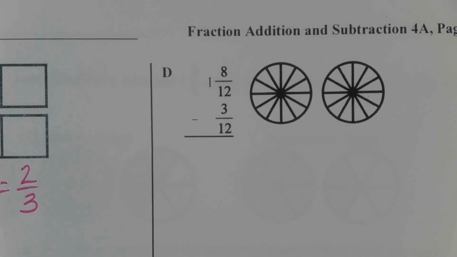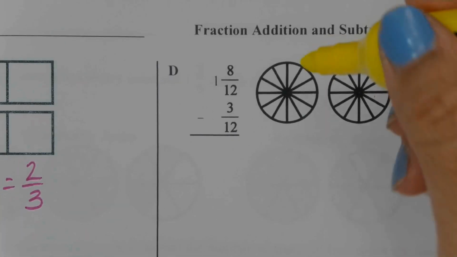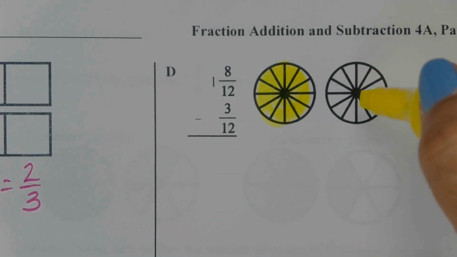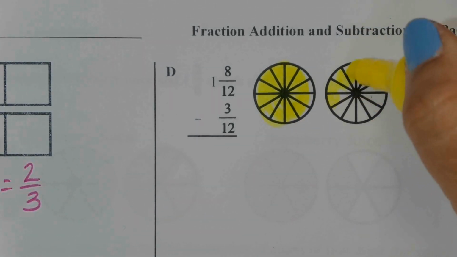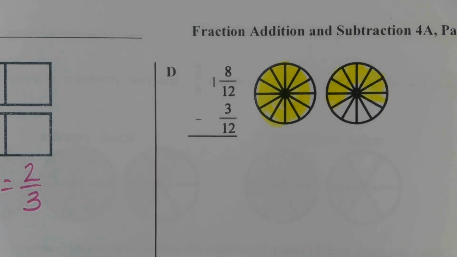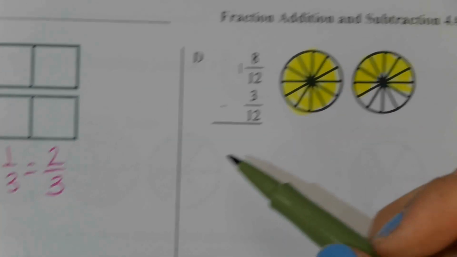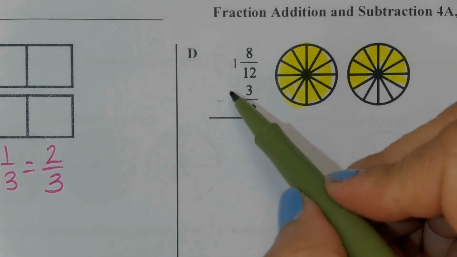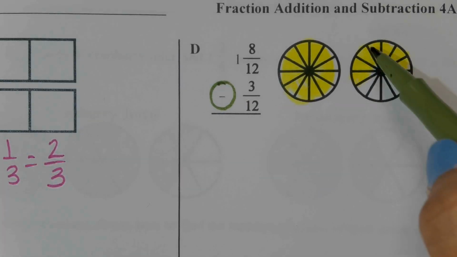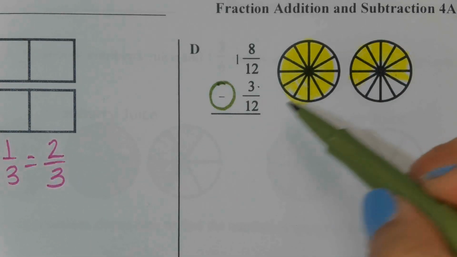Letter D, 1 and 8/12. So here's 1 whole. And 8/12. 1, 2, 3, 4, 5, 6, 7, 8. And in this problem, remember we need to pay attention to our symbols, and that is a subtraction symbol, subtraction. So we're going to take away. So from this model, I'm going to take away 3/12.